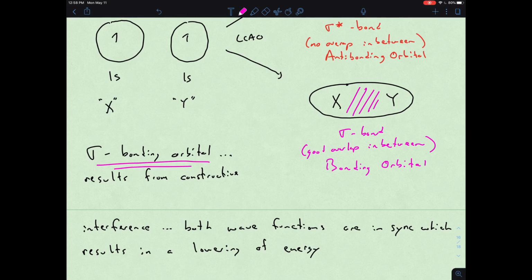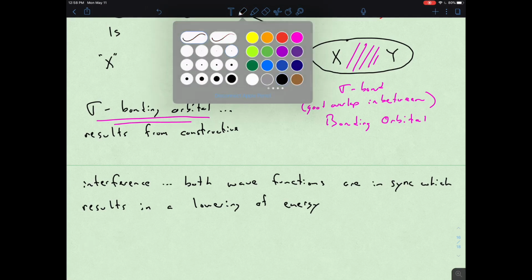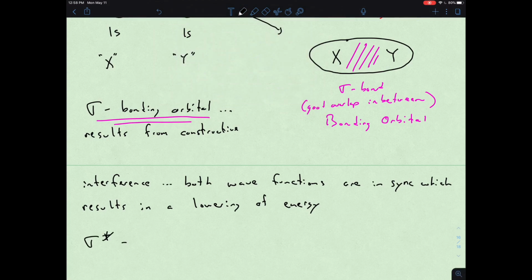So if we look at that sigma bonding orbital, notice that we came down in energy to form it, and both wave functions are being cooperative with one another, and that's why we have this good overlap between the two elements. The sigma star is an anti-bonding orbital.